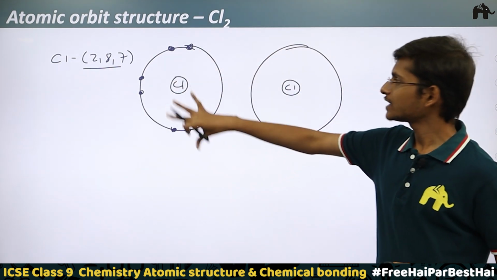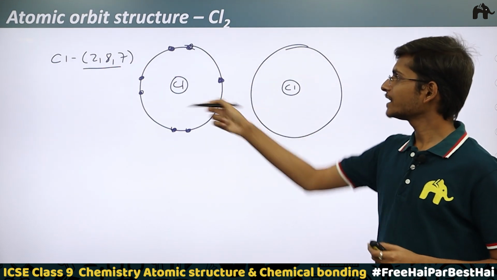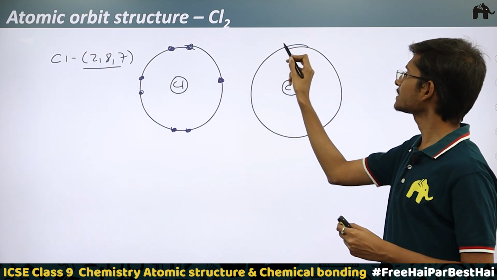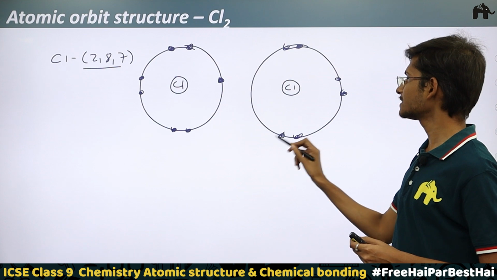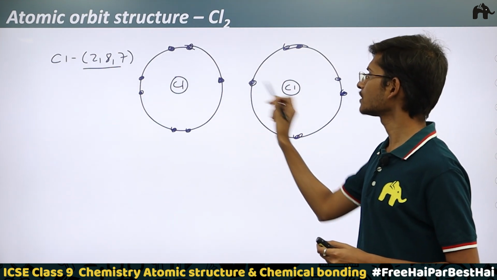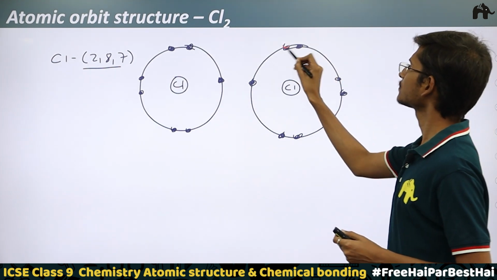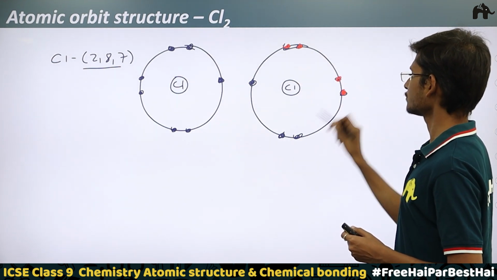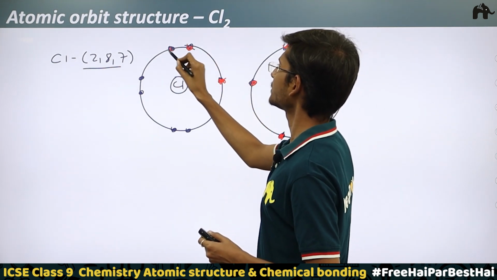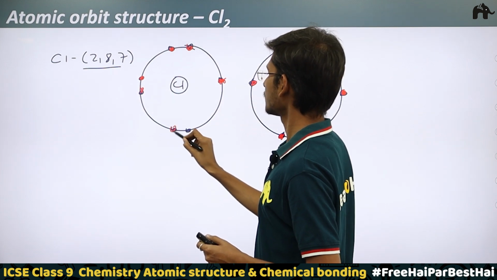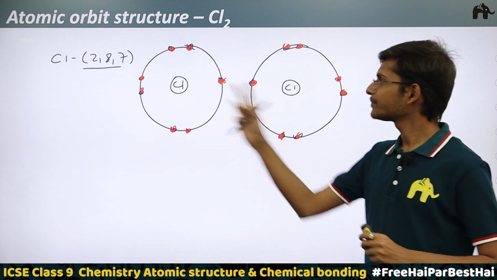So 6 electrons, and then the remaining 1 electron, the 7th electron. Again the same thing here: 2, 4 and 6, and the 7th electron here. I will use a different color so that it is more visible to you, because sometimes these dots are not very clear in the same color. Fine, now what is going to happen here?